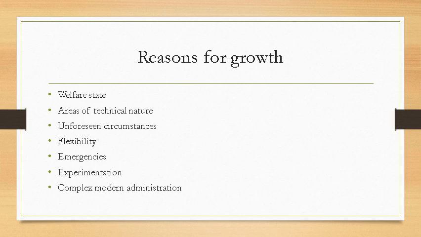Now there are very clear reasons for the growth of delegated legislation in today's context. Number one, we are a welfare state now. When I'm talking about the welfare state, please get back to what I taught you earlier about the nature of the state. There were earlier three traditional functions of the state, and they were defense, taxation, and administration of justice.